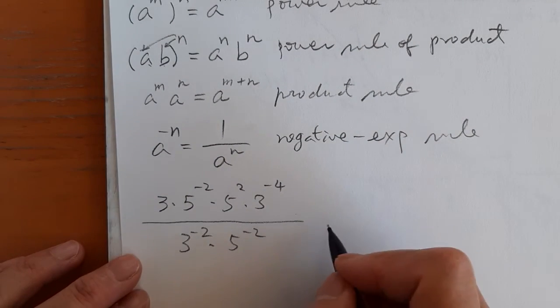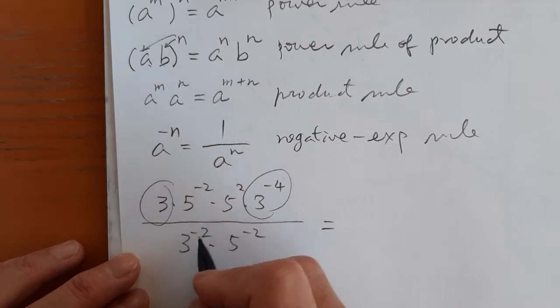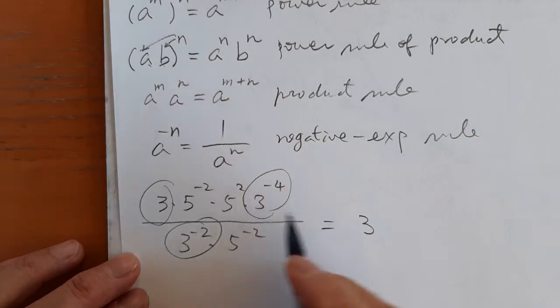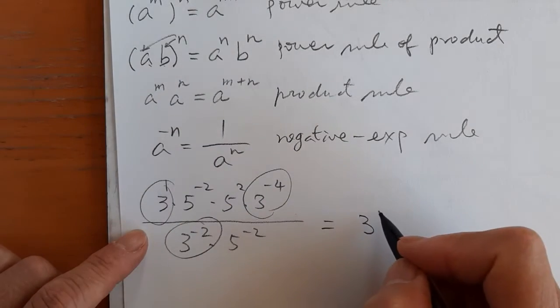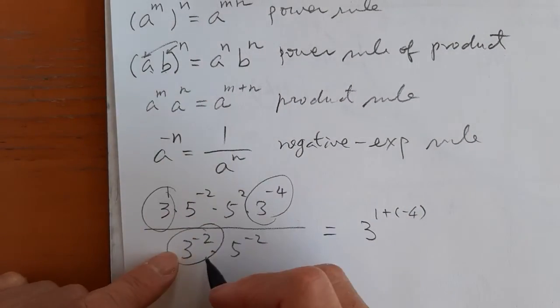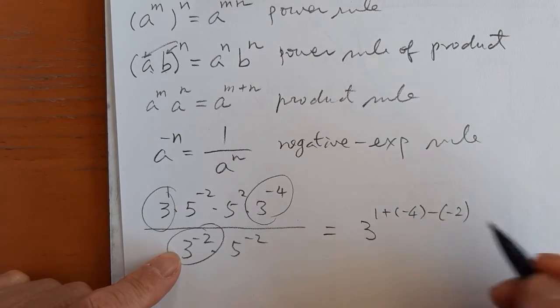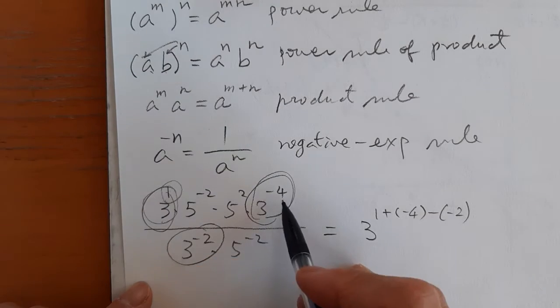If you do the quick way, those are base 3. If on the same side, on the numerator, you add together 1 add negative 4. On the denominator, subtract negative 2. Because product rule, you add exponents.